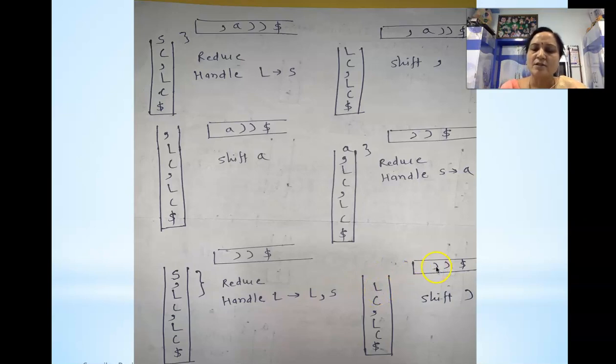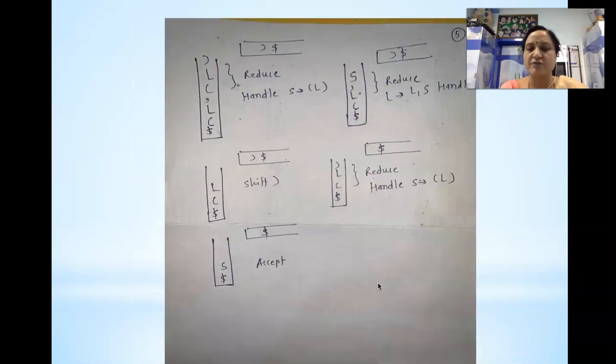Now again this closing bracket is to be shifted onto the stack. So we are shifting closing bracket onto the stack. Now if you see the viable prefixes, opening bracket L, closing bracket is a handle because we have a production S tends to opening bracket L, closing bracket in the given grammar.